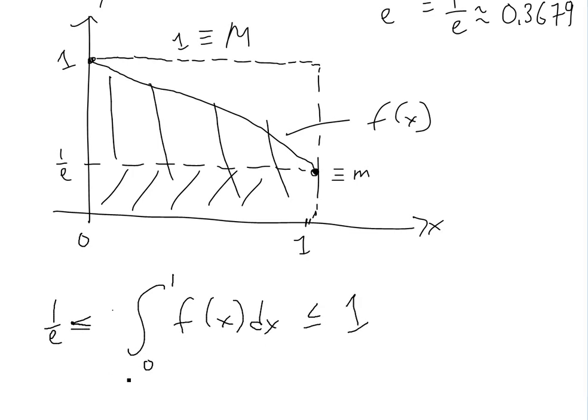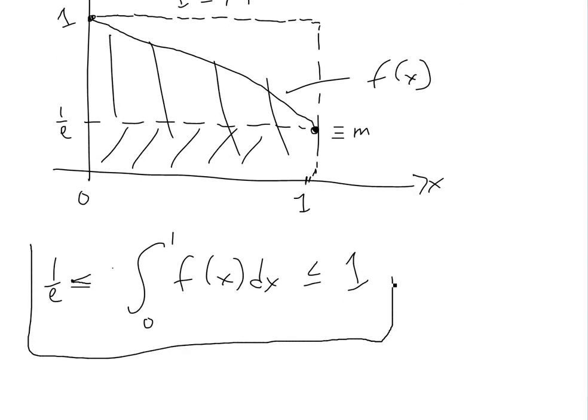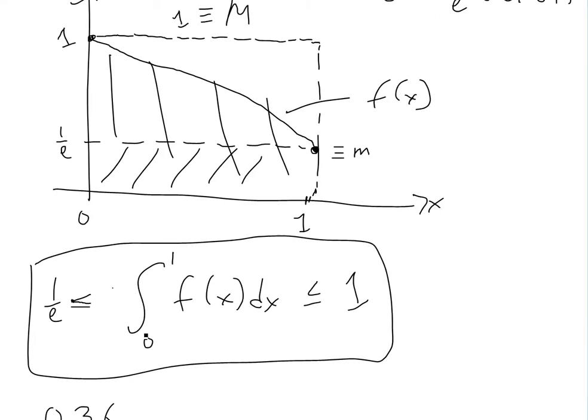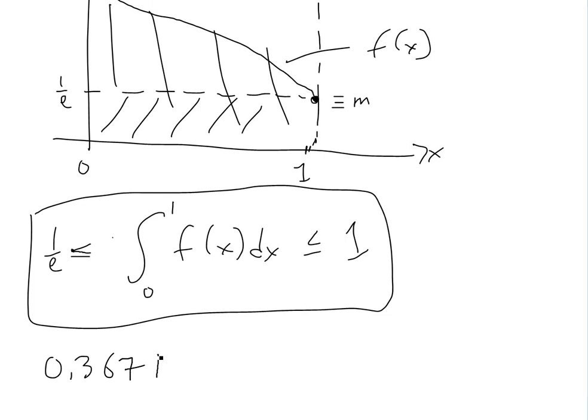So we have an estimate for this. It's in between 1 over e, which is 0.3679, and less than 1. So we have a rough estimate there.